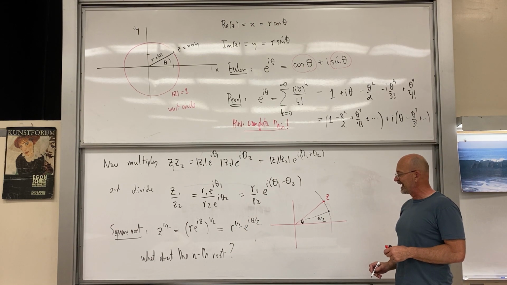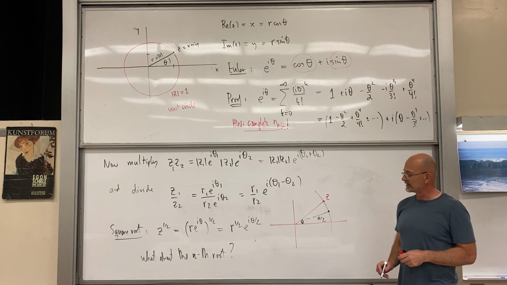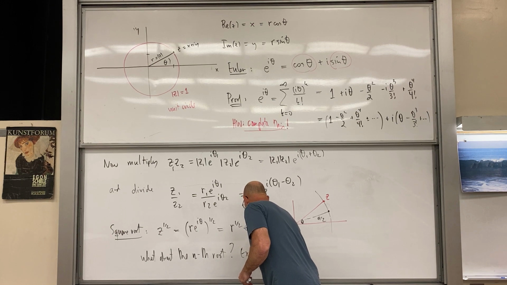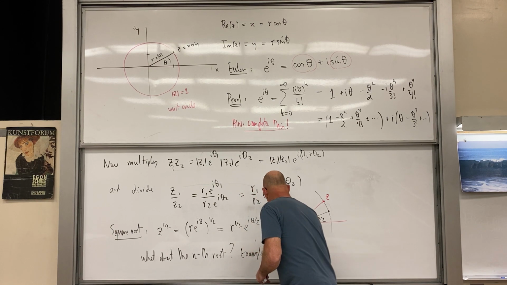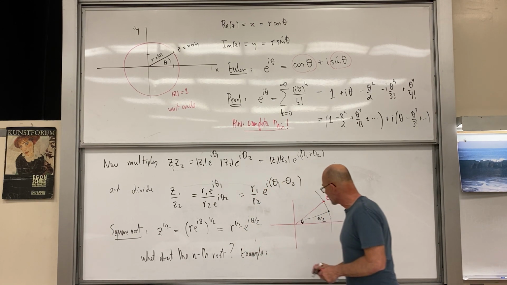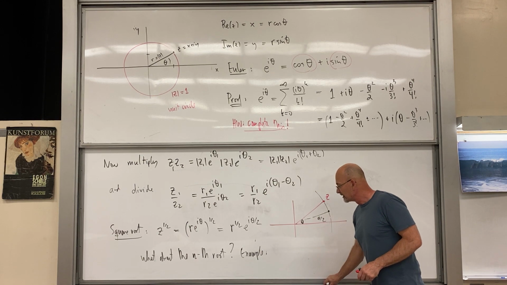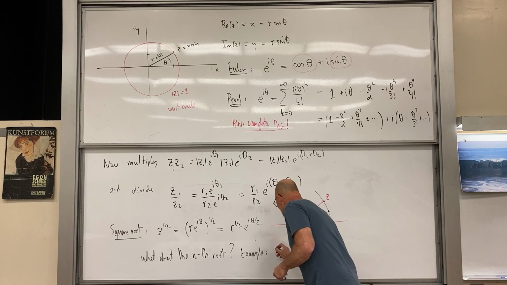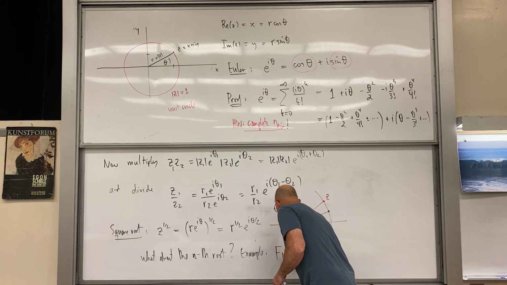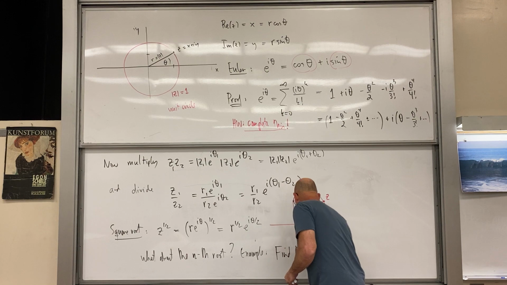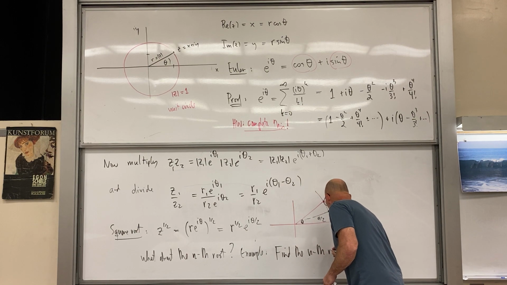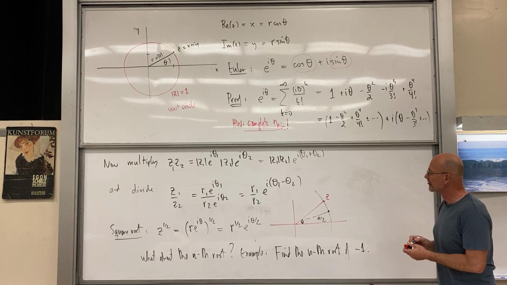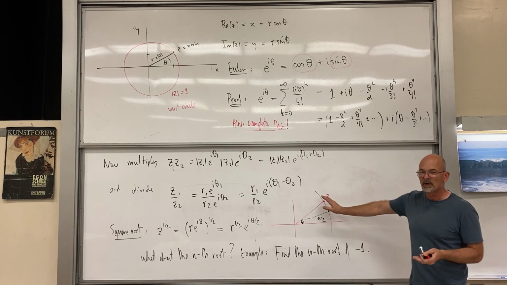What about the nth root of -1, for instance? Example. This is going to be a homework, but I'm going to set it up. We're going to find the nth root of -1. Square roots are easy, right?